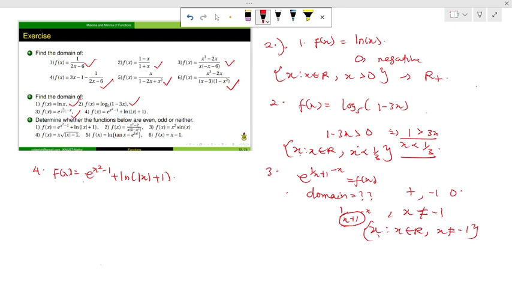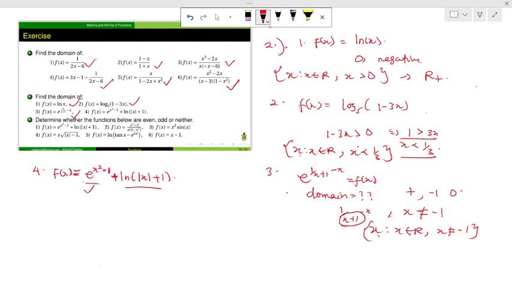Once I have this function here, this side is an exponential function, this side is a logarithmic function. For the exponential side, it takes in everything except terms that will make our function undefined. But x squared minus 1 is a polynomial function and there's no value that will make it undefined. Hence, this side is free.